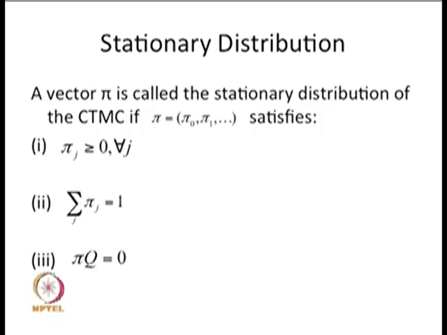The same way, if pi Q equal to 0, summation of pi j equal to 1, and pi j greater than or equal to 0 are satisfied by any vector, then that is going to be the stationary distribution for a time homogeneous CTMC. Every time we are discussing, the default CTMC is a time homogeneous CTMC.